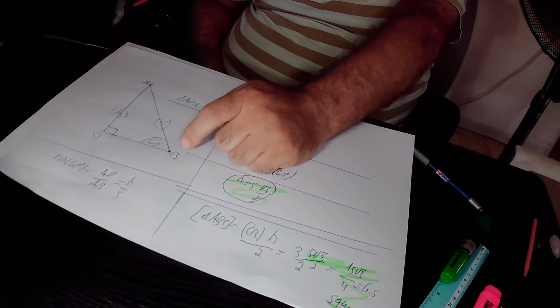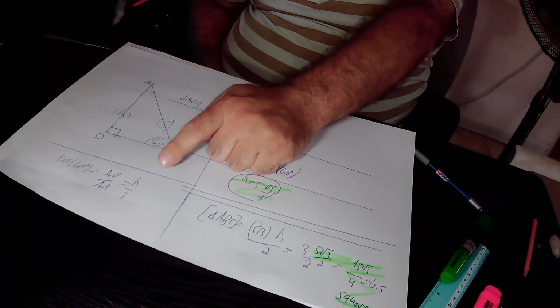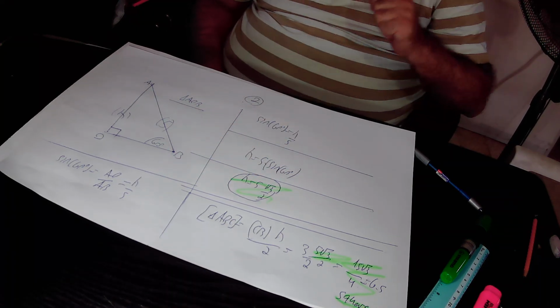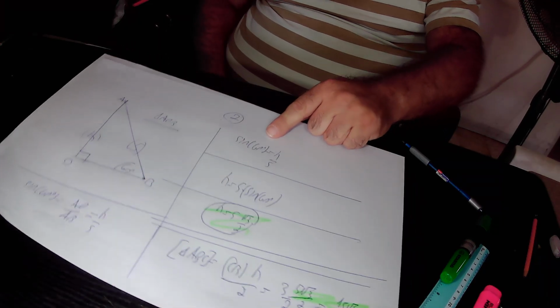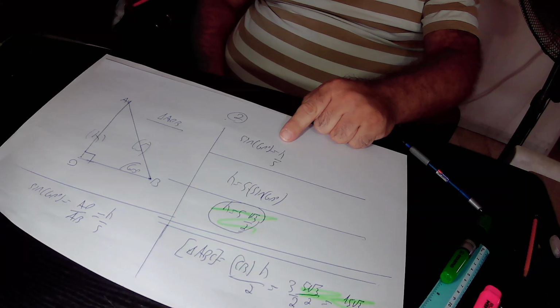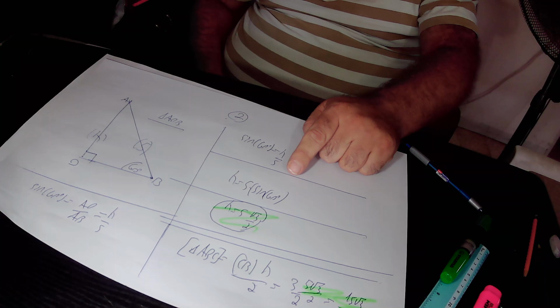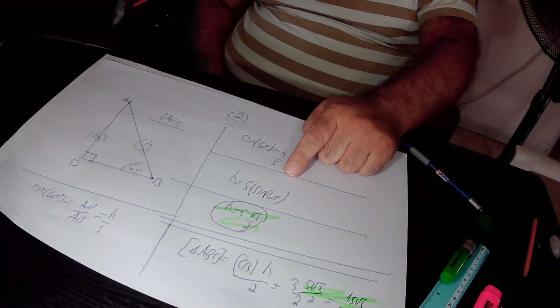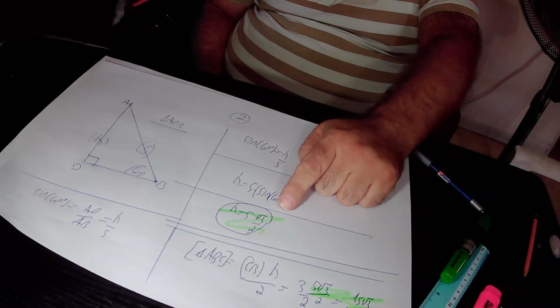So sine of 60 degrees equals AO, that is H, over AB, that is 5. So sine of 60 degrees equals H over 5. Here, we multiply this equation by 5 and find that H equals 5 times sine of 60 degrees. Sine of 60 degrees is equal to root 3 over 2. So H equals 5 times root 3 over 2.